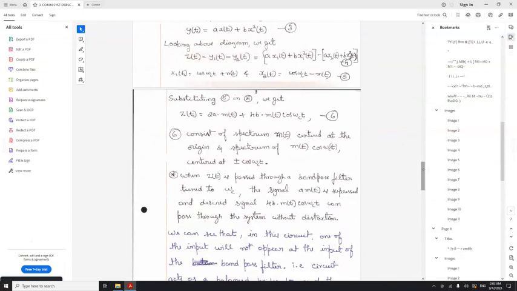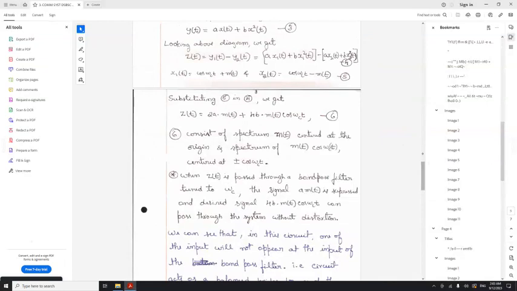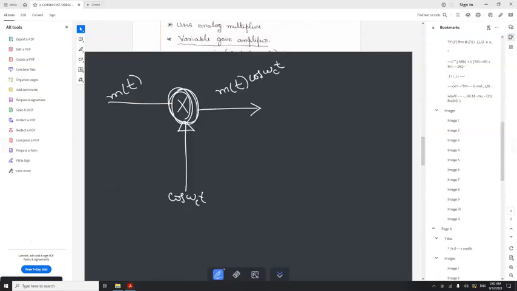Now, out of this, what is your AM wave? This one, right? You have to remove this. This is the baseband component, this is the passband component. To keep the passband component, you have to use a band pass filter. That's all. So you use a band pass filter here, and what you are going to get is this, and this is that multiplier which I have used here. Have you understood this now?